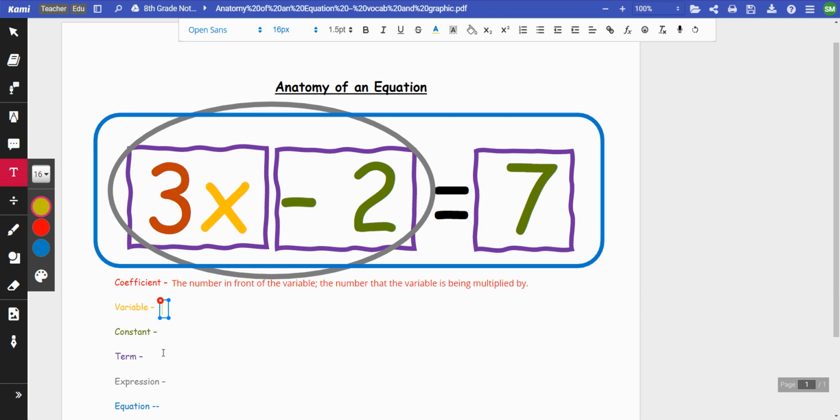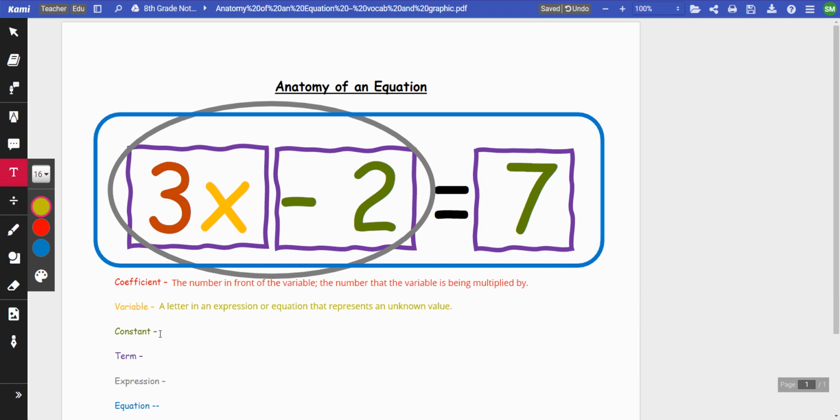The yellow X is a variable, and a variable is a letter in an expression or equation that represents an unknown value. So in this case it's an X because we don't know what this number is until we solve the equation. So it represents an unknown value.